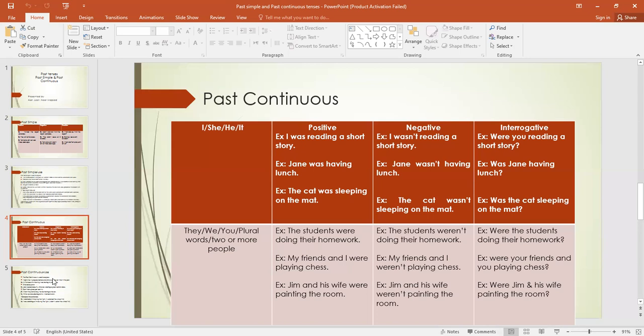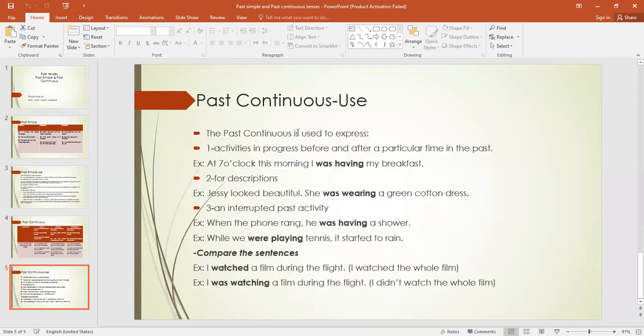Let's now move to the uses of past continuous. Actually, past continuous is used to express actions, activities in progress before and after a particular time in the past. يشير الزمن الماضي المستمر إلى أحداث تحدث بشكل مستمر قبل وبعد نقطة زمنية محددة في الماضي.